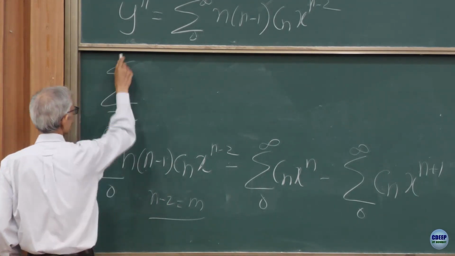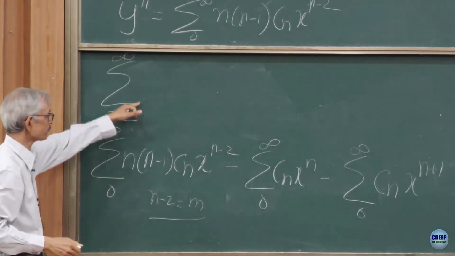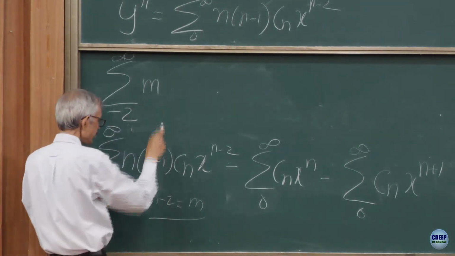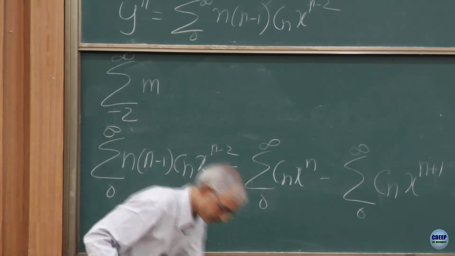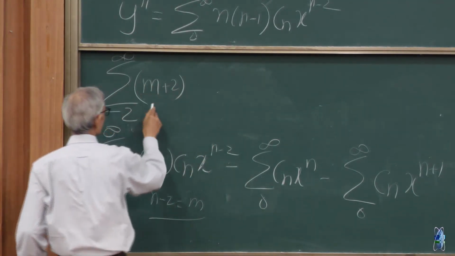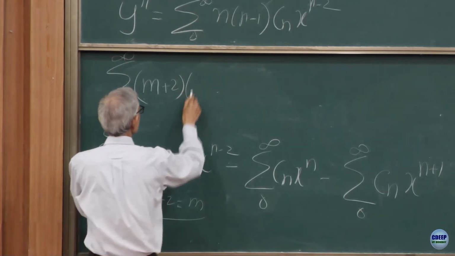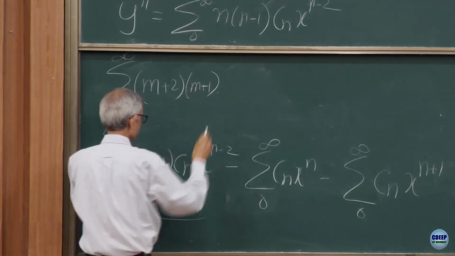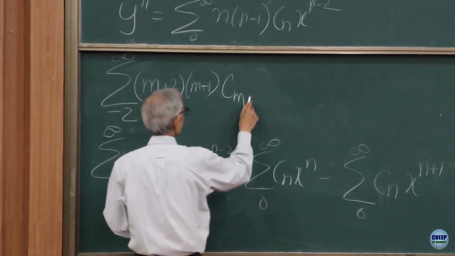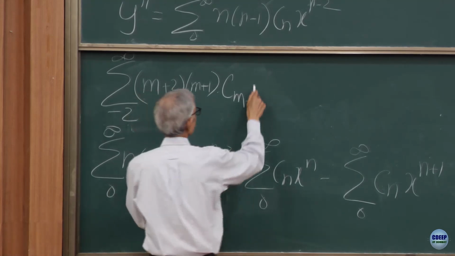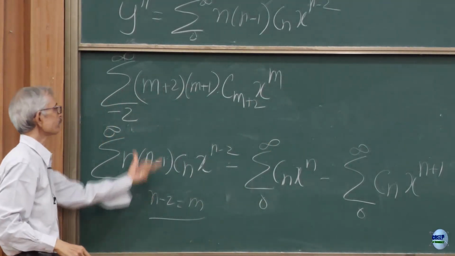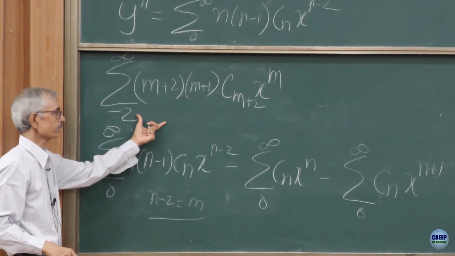So this is minus 2 to infinity. This term I am just putting it there. And this becomes n is m plus 2, so n minus 1 is m plus 1, and then n is m plus 2 and x to the power of m. Okay. So this term we have just simply rewritten like this.